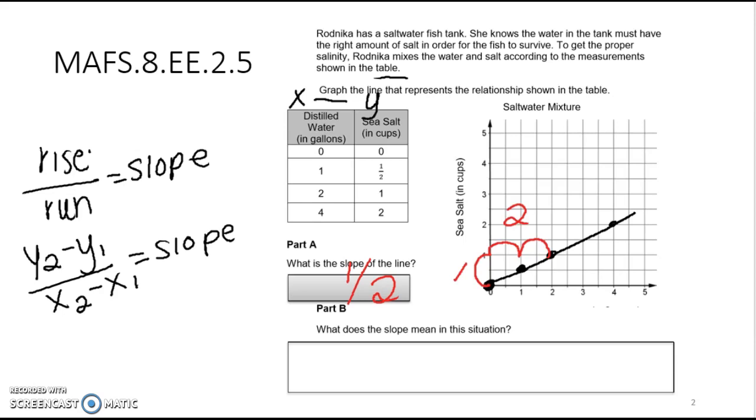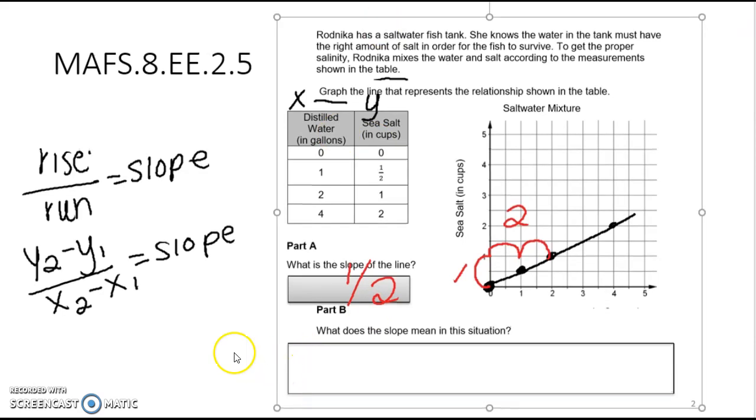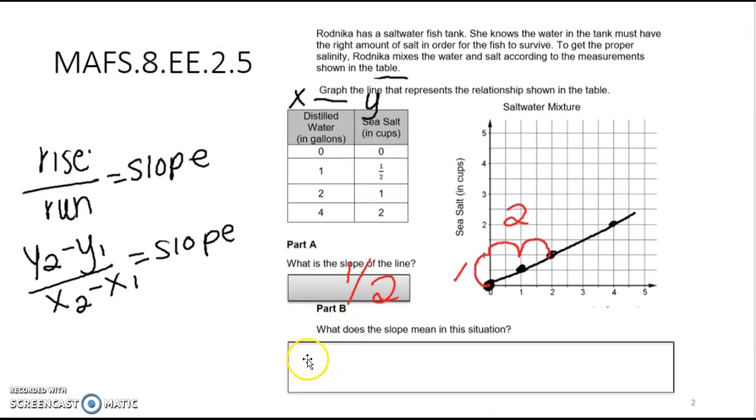And it asks, what does the slope mean in this situation? So we have to interpret this slope. And how we interpret this slope is by saying, okay, well, every time I'm adding a gallon of water, I'm adding half a cup of sea salt.